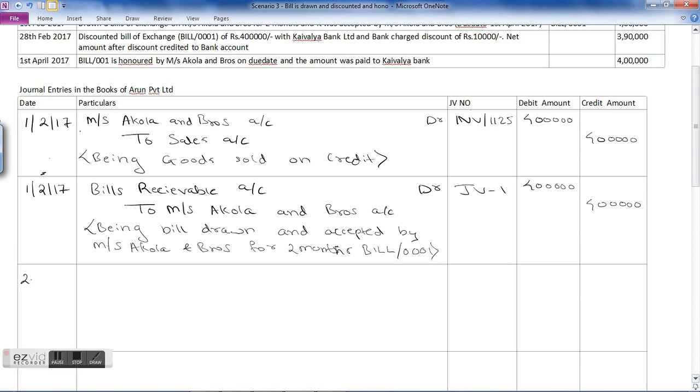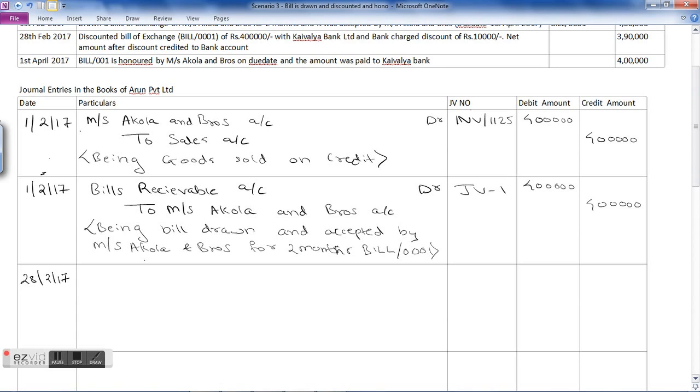Okay, so on 20th Feb, what will be the entry? The bank has taken the bill. Okay, so your asset, that is bills receivable, has gone out of business. So we have to credit bills receivable. Then the bank has charged a discount of 10,000. Now the discount is nothing but your interest, it's an expense.